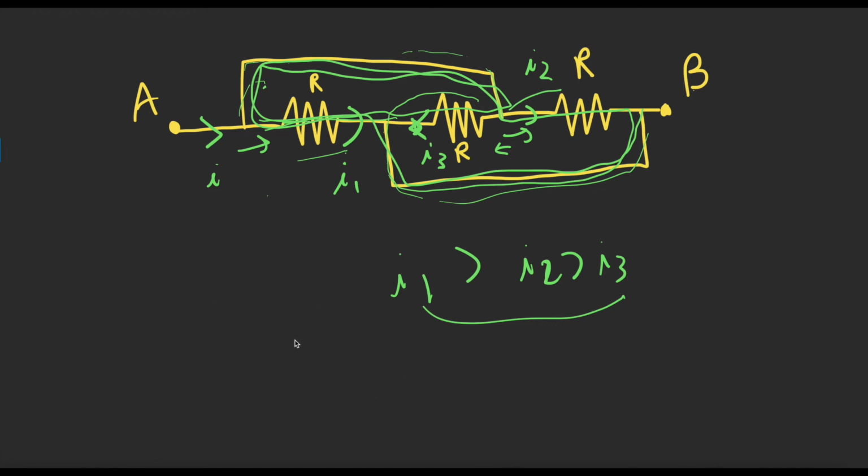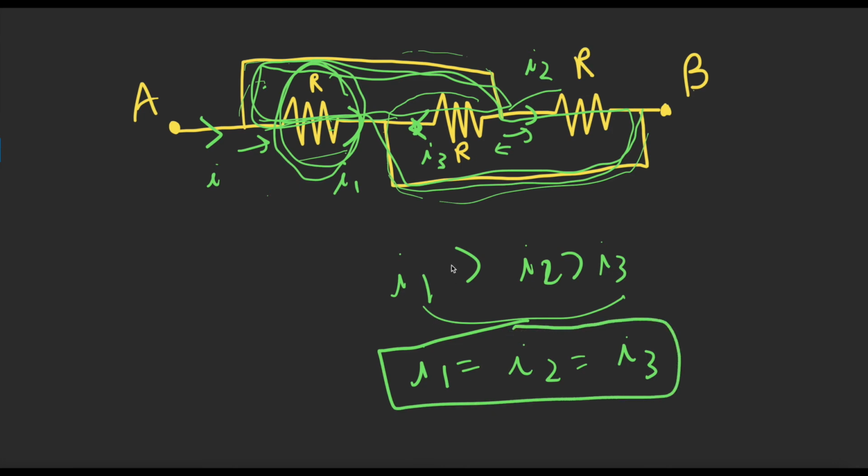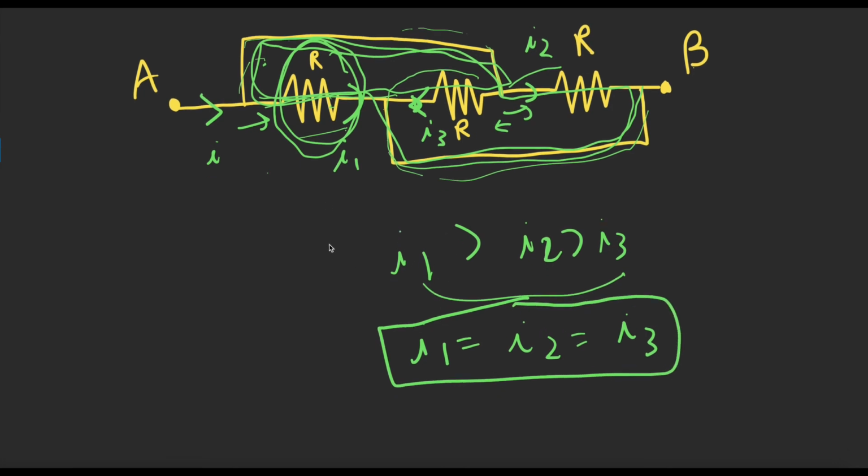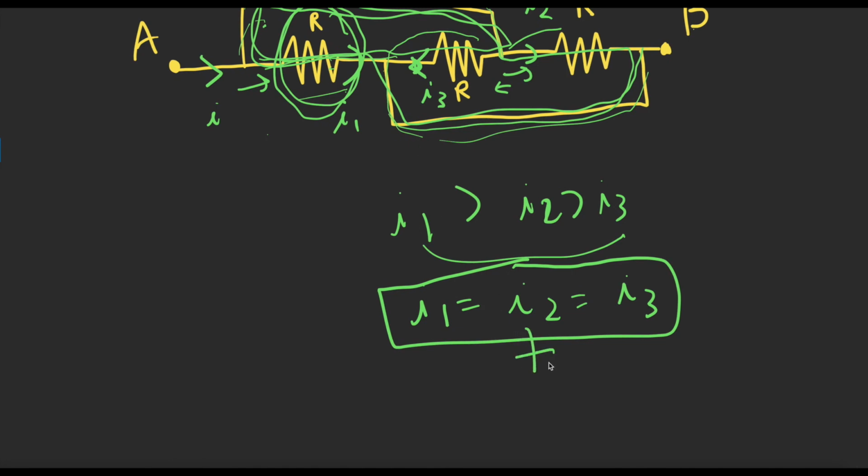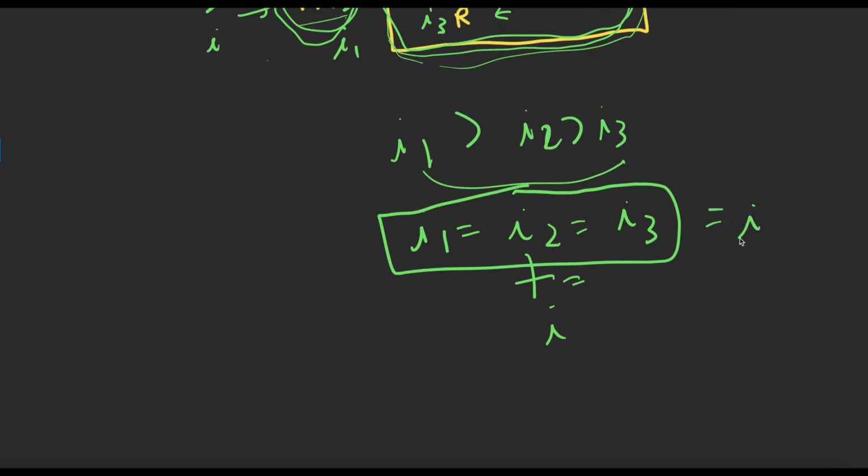Because these all have the same total resistance R, they all have to occur simultaneously with equal contribution. So we have to say that I1 is equal to I2 is equal to I3. That is the only possible order in which you can choose, right? And we know that all of these sum up to I. So all of these are equal to I by 3.